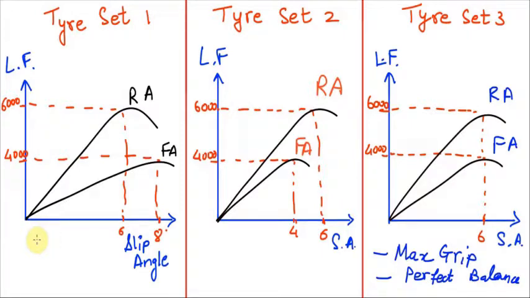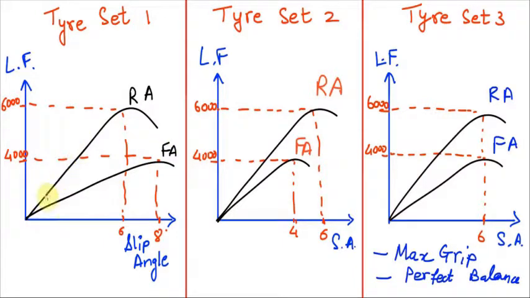The balance of the vehicle is based on things like the weight distribution of the vehicle and basically the structure of the vehicle. Well, there's no way to change the structure of the vehicle. If we try to change the structure of the vehicle, it will become quite an illogical thing. So one way to achieve maximum grip and the perfect balance is to have a look at this graph.